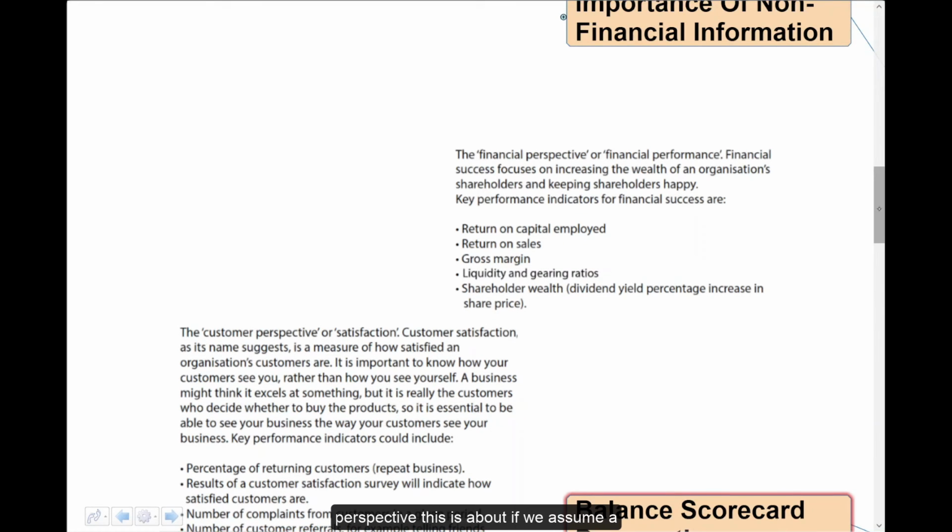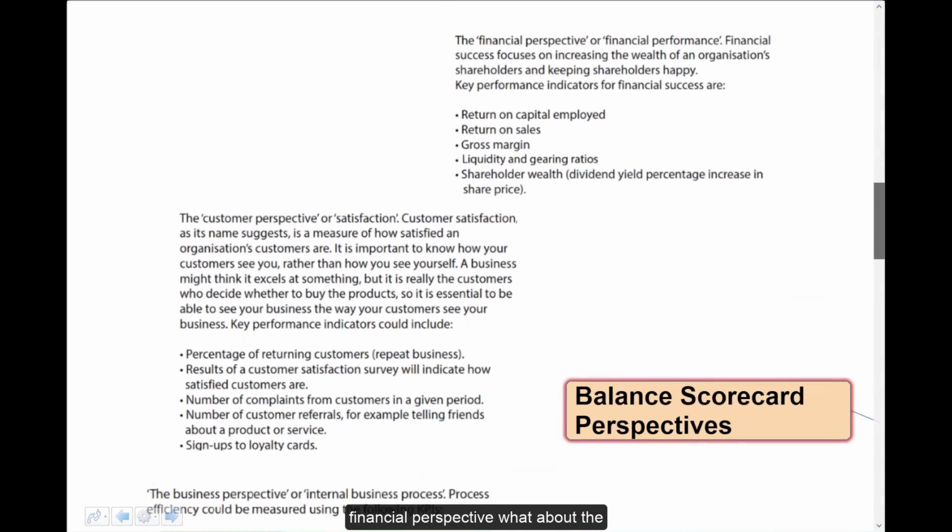This is about, if we assume a for-profit business, and indeed a business that has shareholders as opposed to, let's say, a sole trader or a partnership, really talking about the sorts of things, what you might call the big numbers. If I'm looking at a set of accounts, I'm always looking for, well, what are the big numbers? What's the sales? What's the gross profit? What's the return on capital employed? And indeed, are they issuing dividends, etc., etc. So there's nothing really unusual for me under the financial perspective.